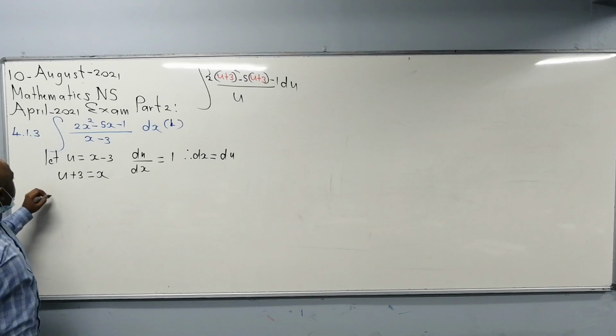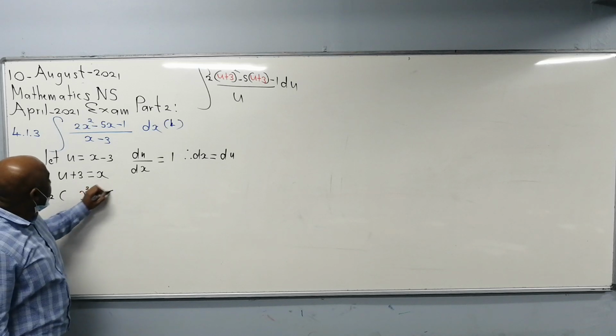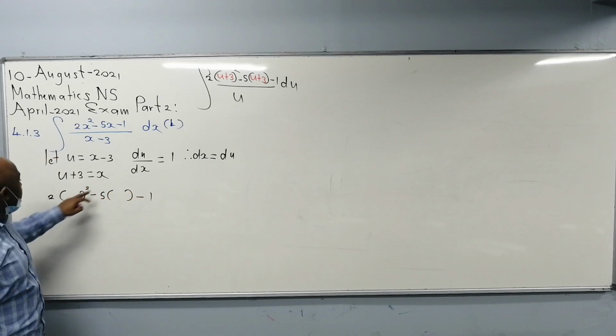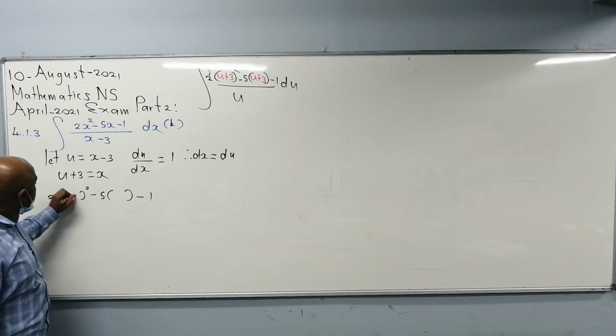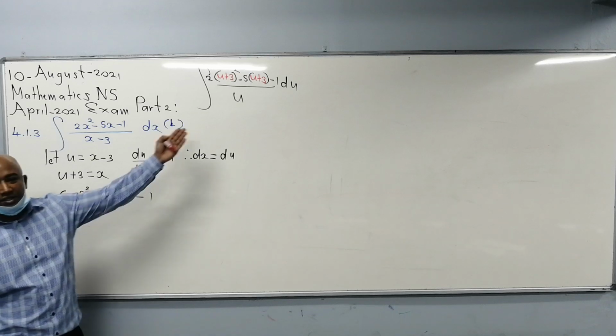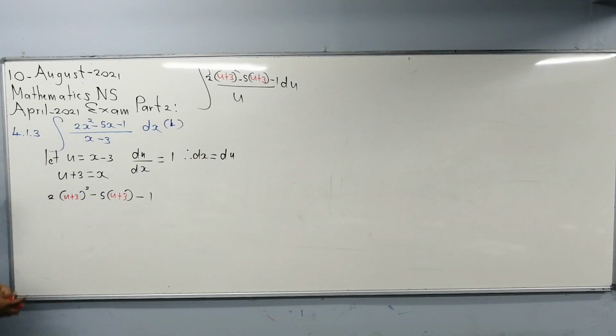So I've got 2x squared minus 5x minus 1. What am I doing? I'm replacing x with u plus 3. I'm going to do my working out here, so it's less work for me. Now, I need to square this.